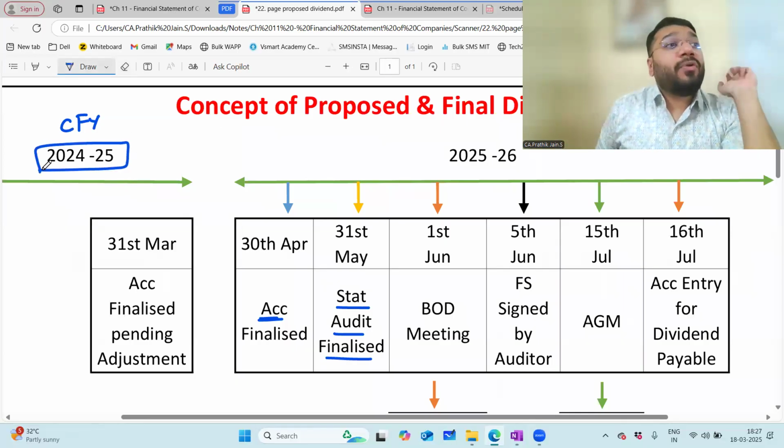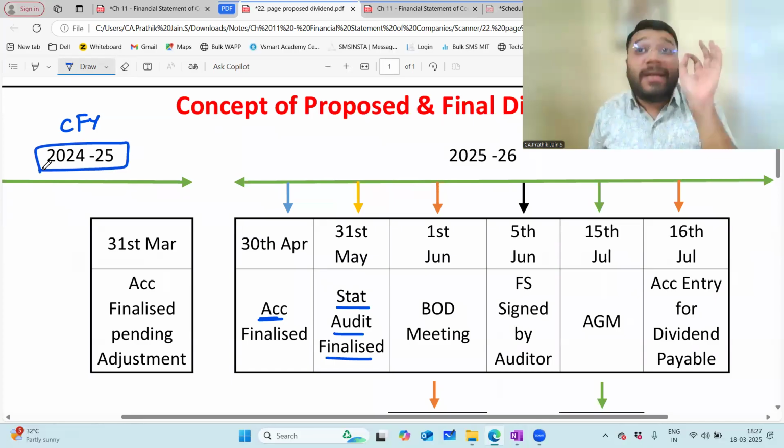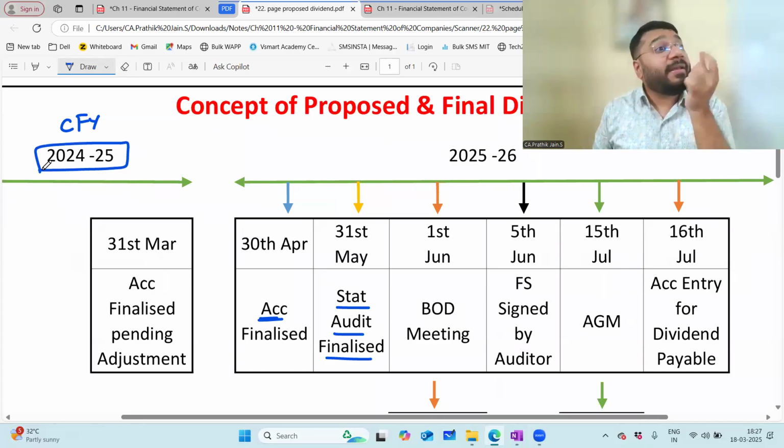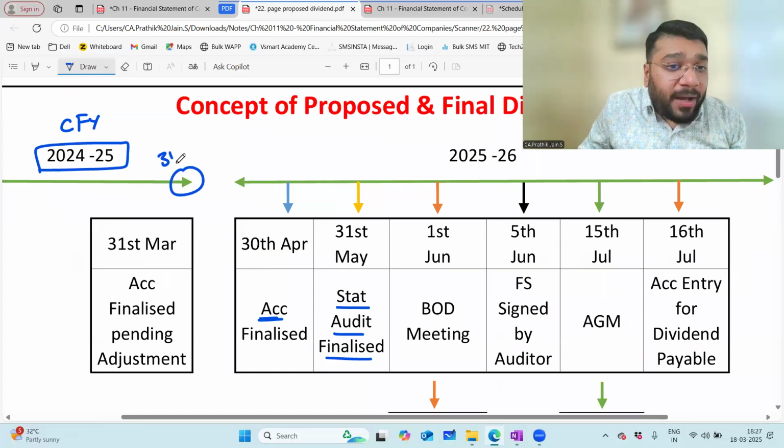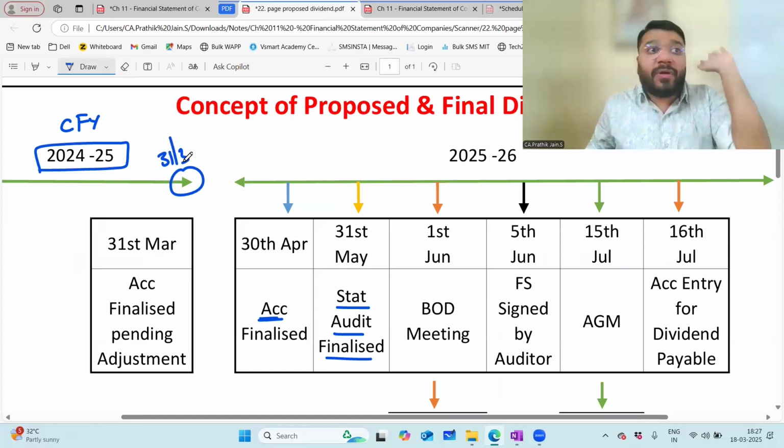For the financial year 24-25, up to what date can I go and pass the entries? Sir, up to 31st of March, I can pass the entries for the year 24-25. Yes?